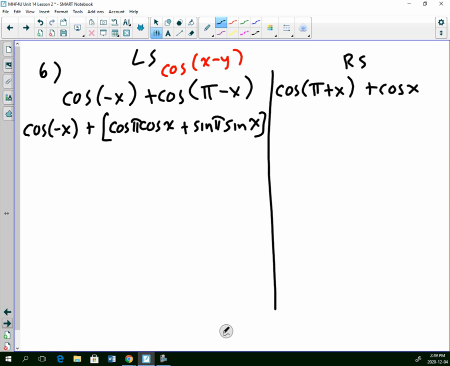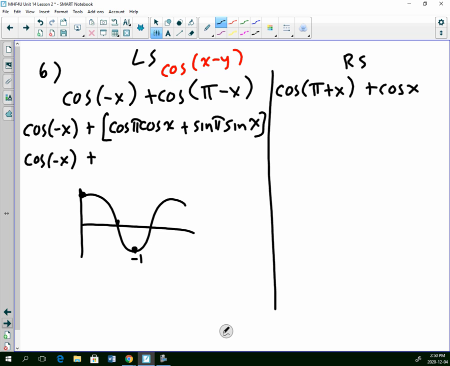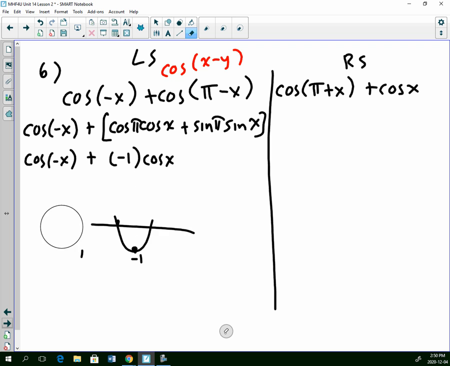Okay, then I'm going to go through and see if I can put in some values. So cosine of pi, well, if you think of your cosine curve, what is the value of cosine at pi? It equals -1. So I can replace cosine of pi with -1.